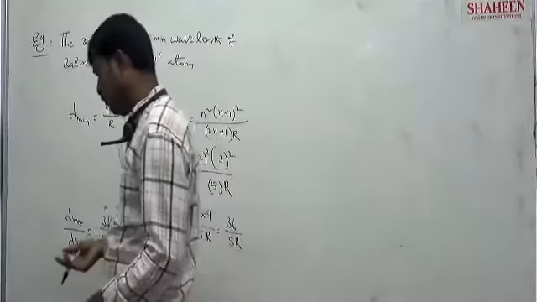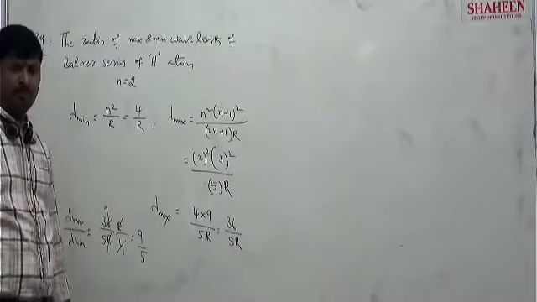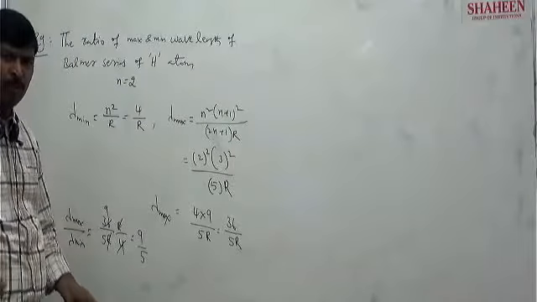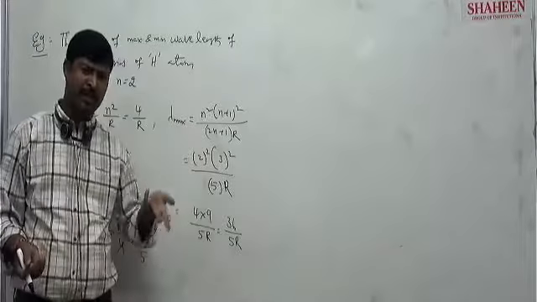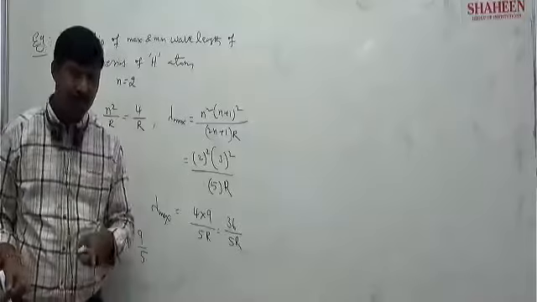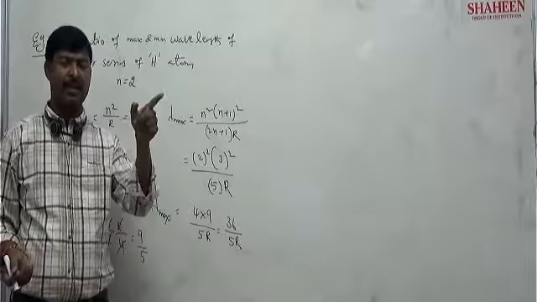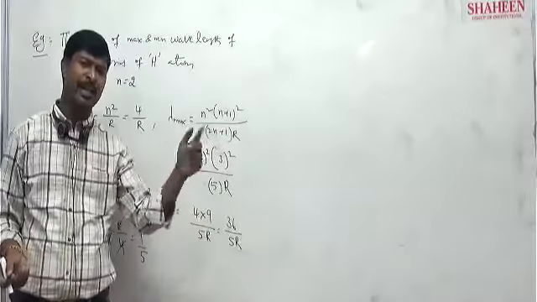Sometimes if you don't remember the lambda maximum and lambda minimum formulas, what do we have to do? Basic concept only: 1 by lambda is equal to R into 1 by n1 square minus 1 by n2 square. For lambda maximum, n1 is n and n2 will be n plus 1. For lambda minimum, n1 is n and n2 will be infinity.